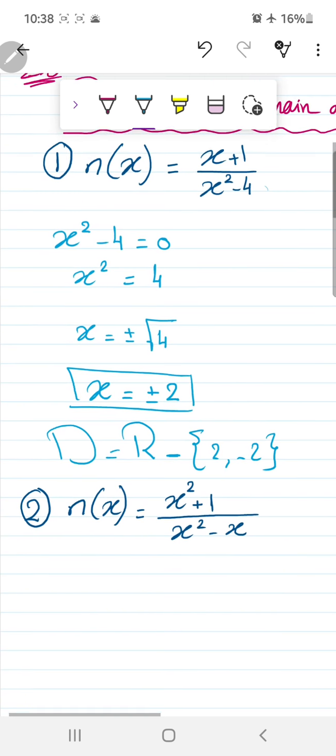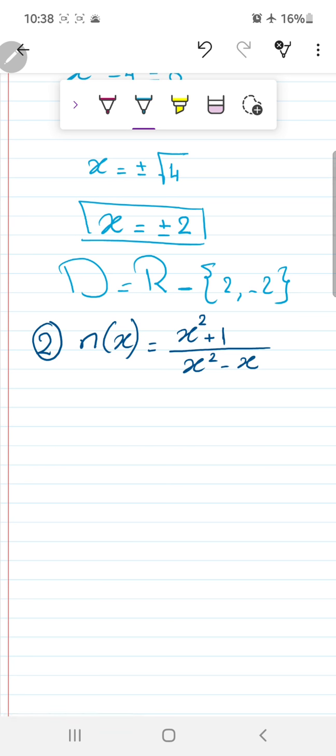Another example. X power 2 plus 1 over x power 2 minus x. Also, we want to get the domain. The domain equals R except the set of zeros of the denominator. So put the denominator equals 0. How to solve it?